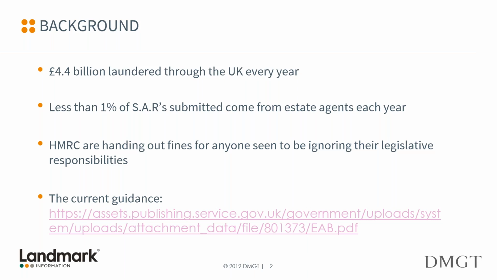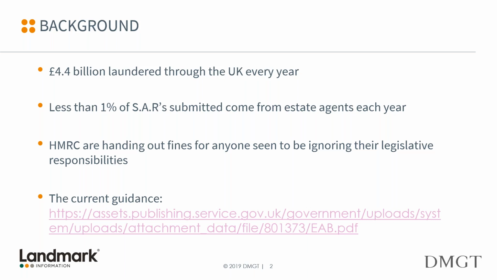We're not 100% sure what these changes are going to be as of yet, but it's just something to be aware of. Now, sometimes we hear this and you may think that money laundering is not a problem in your area. Perhaps you're in a small market town, but the fact that there is 4.4 billion of criminal funds laundered through the UK property market every year just goes to show what a problem it is.